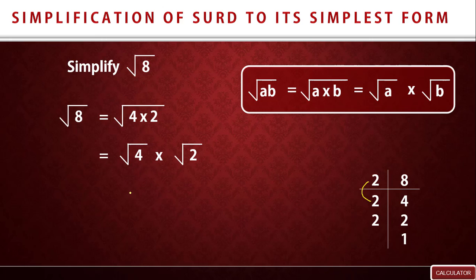The square root of 4 is 2. So we have 2 multiplied by root 2. The next thing will now be for us to get the final value. Remove the times sign and just bring them together and you have 2 root 2 as the final answer. So this is the simplest form now.